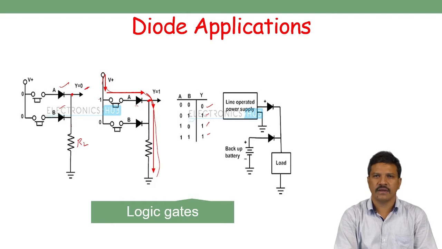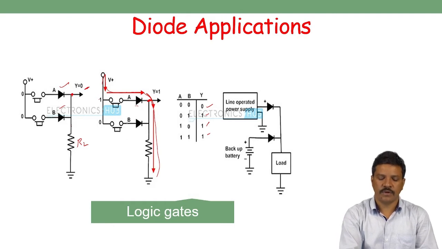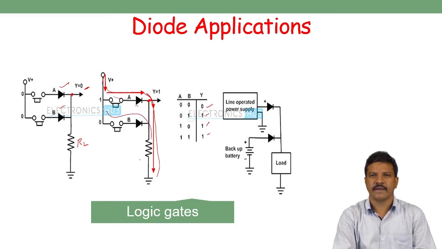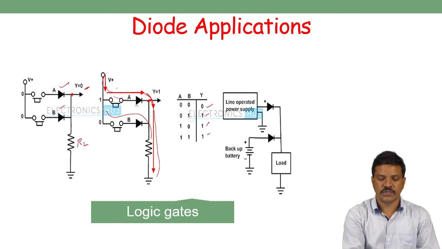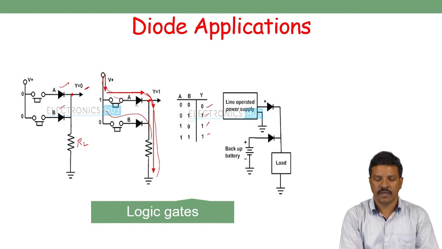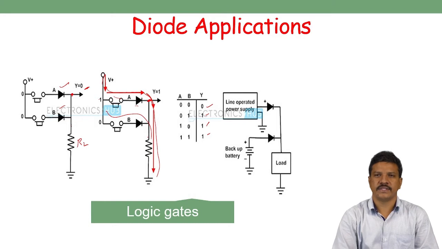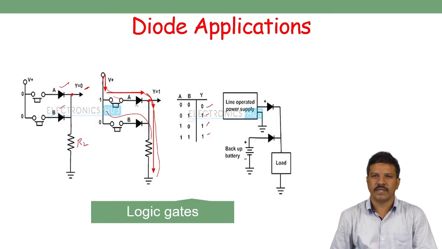If both are short circuit, in either direction, this direction and this direction also connecting, then current flows in the load. When current flows in the load, what will be the voltage? The positive voltage is applied across the load, and the voltage drop across the load will be equal to logic high.